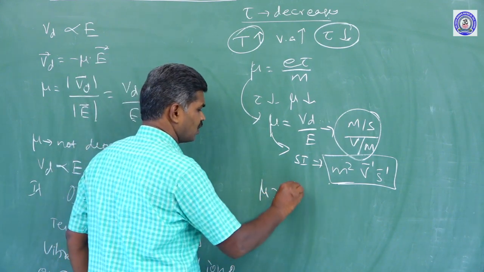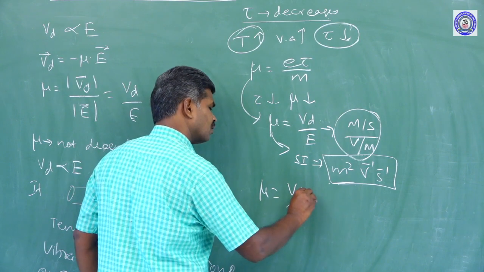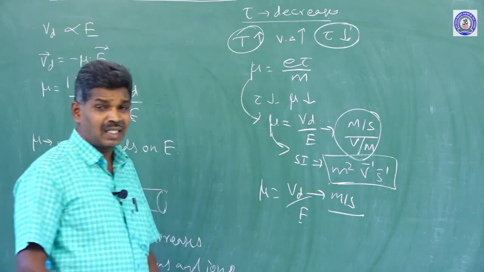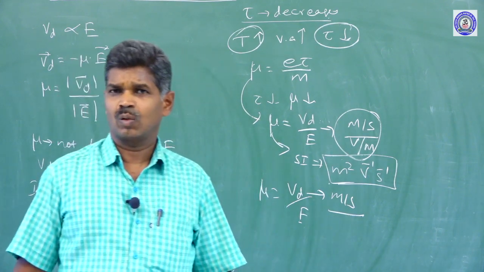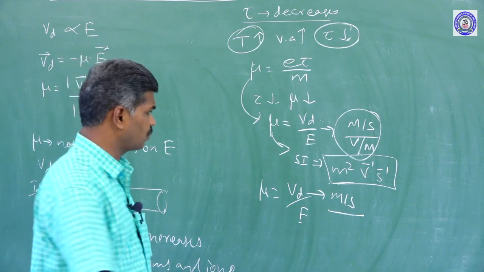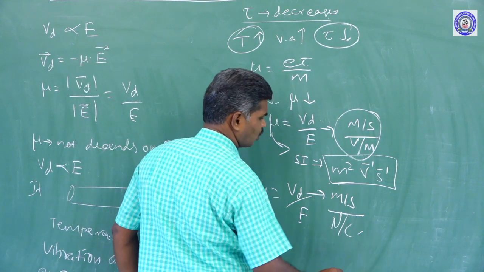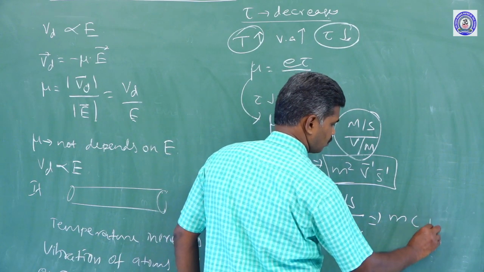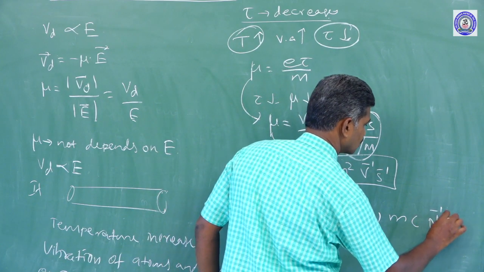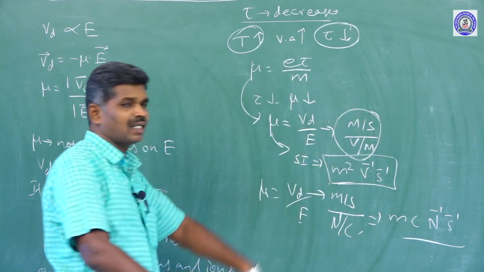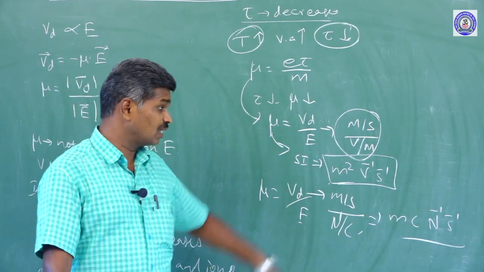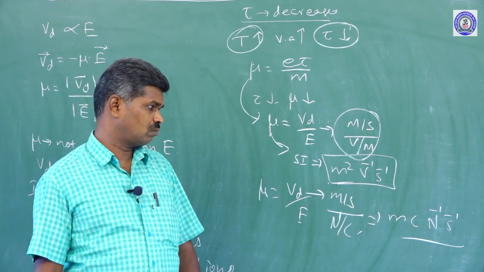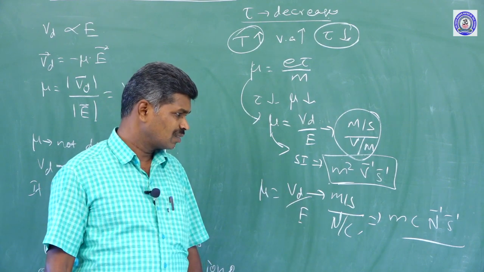Another unit also we have. mu is equal to Vd by E, meter per second divided by the electric field, which has two SI units: one is volt per meter, another is Newton per coulomb. If we substitute and rearrange, the second unit is meter coulomb Newton power minus 1 second power minus 1.